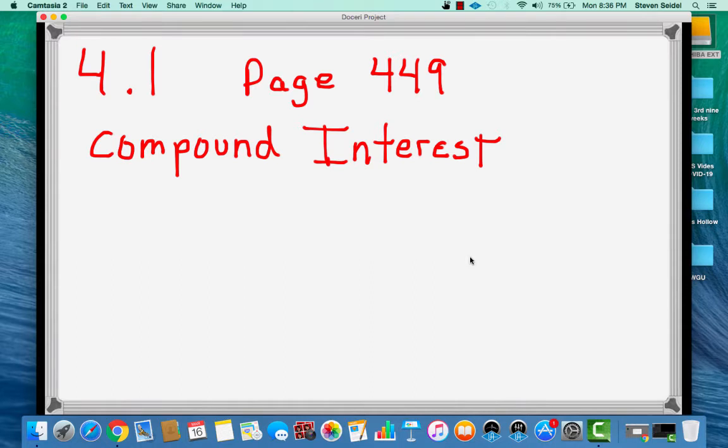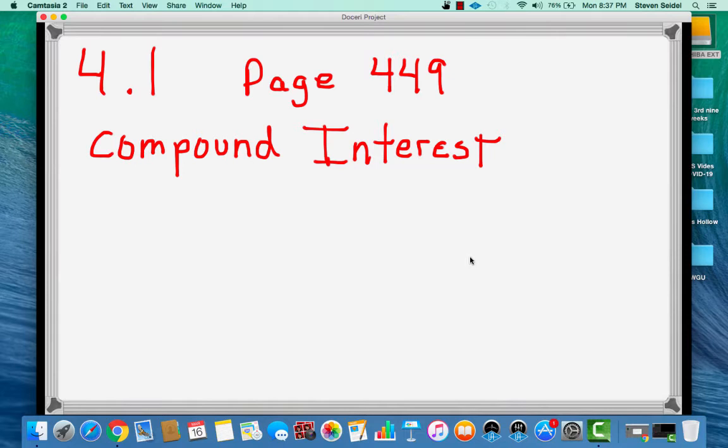P represents the principal, which is the money that is invested into the account.